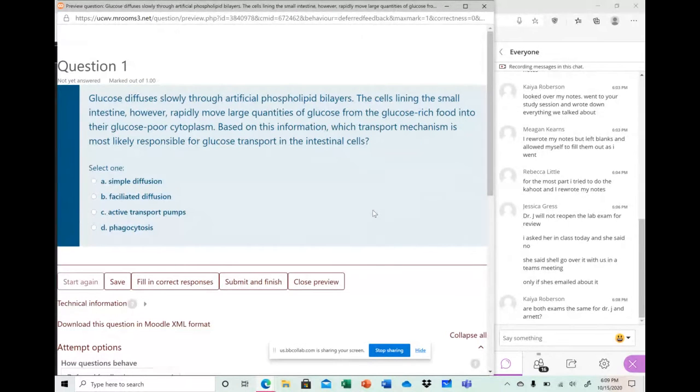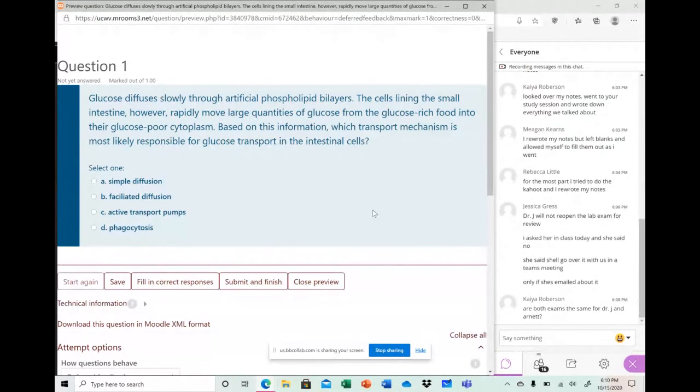Okay, so we're going to take a look at the question that I consider to be the hardest question on exam 1, just because it's not so straightforward and you have to really know the definition and how it applies in this situation. So let's take a look at it. This first question says, glucose diffuses slowly through artificial phospholipid bilayers.